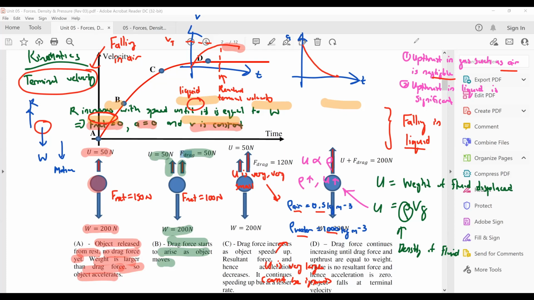Okay. So from here to here, your F net decreases, your acceleration decreases, the object speeds up, but at a lesser rate.